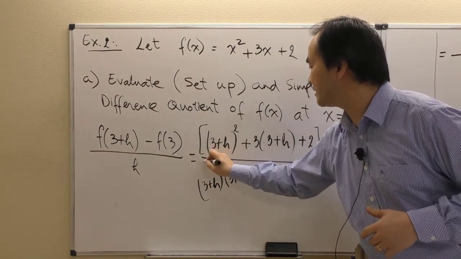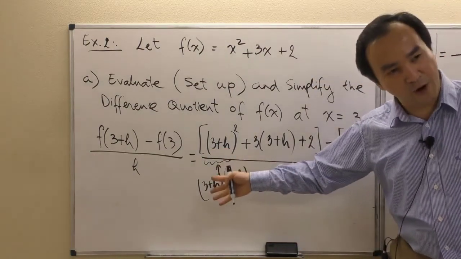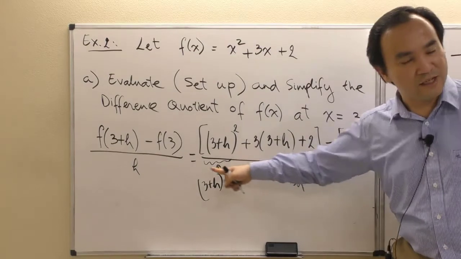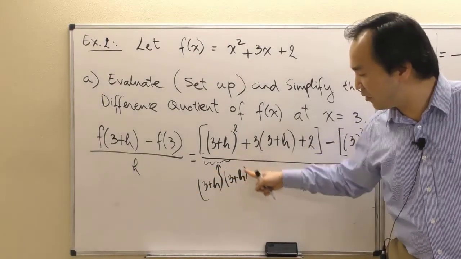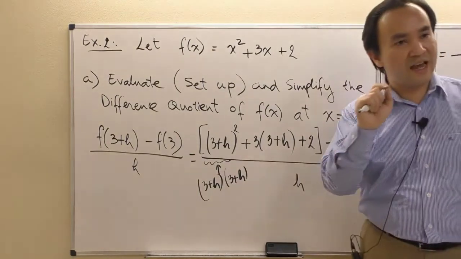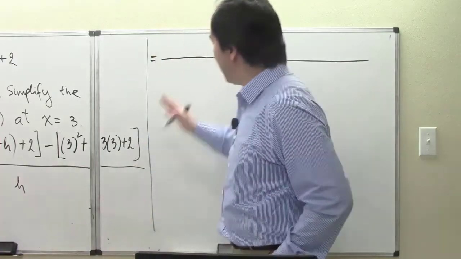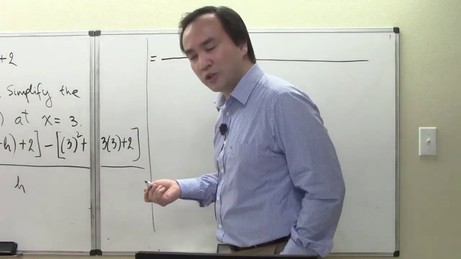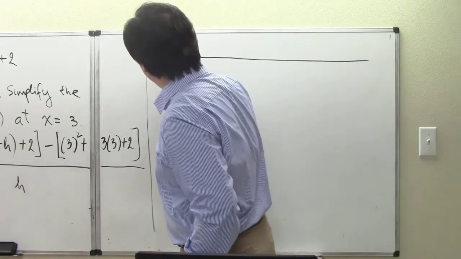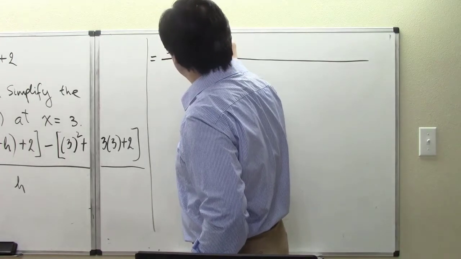That's what this is. And so allow me not to show how to FOIL, because there are tons of web resources out there showing people how to FOIL. So the next step I'm doing here is going to be after FOILing. So after FOILing, the 3 plus h all squared becomes 9 plus 6h plus h squared.